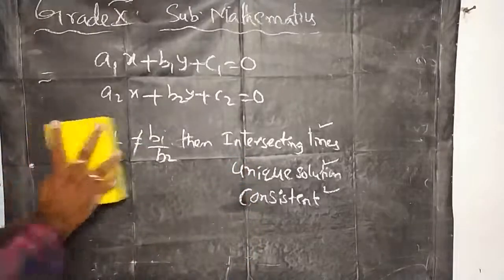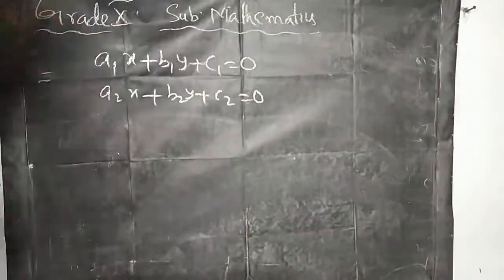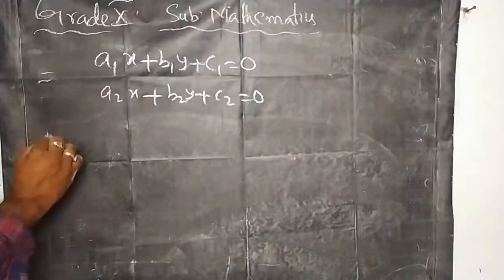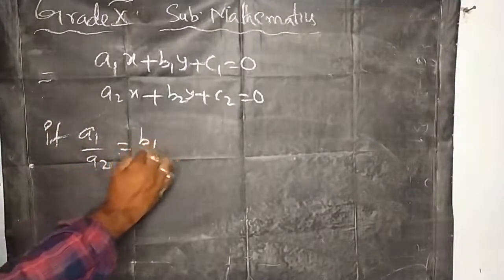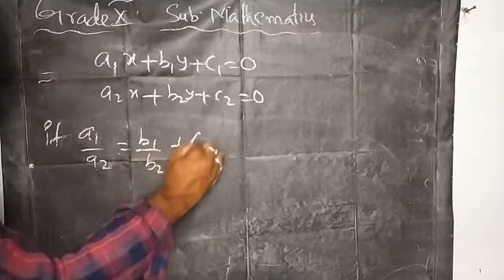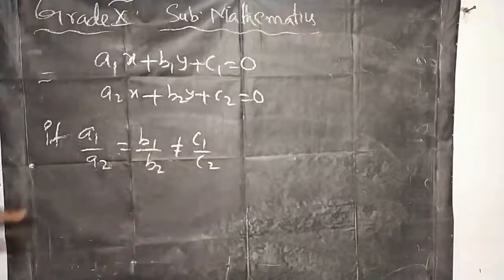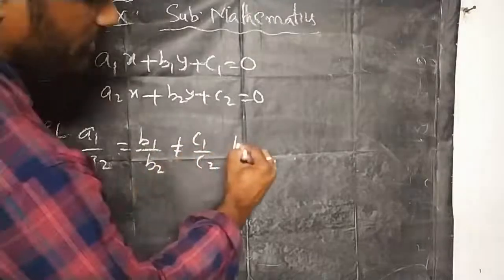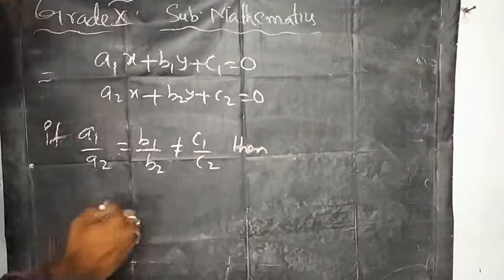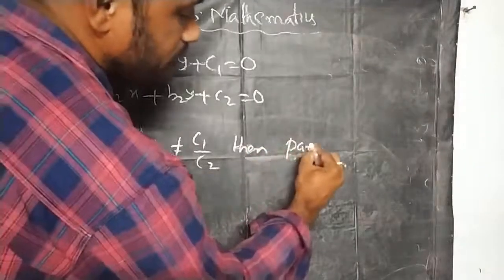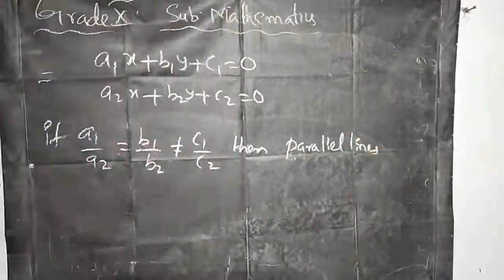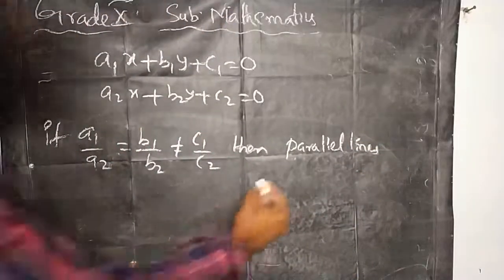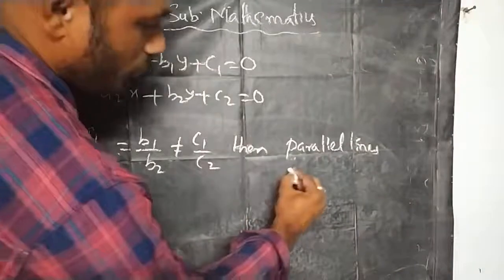Next, the second condition here. If a1 by a2 is equal to b1 by b2, which is not equal to c1 by c2, then we can say that the lines are parallel lines and there is no solution at all.